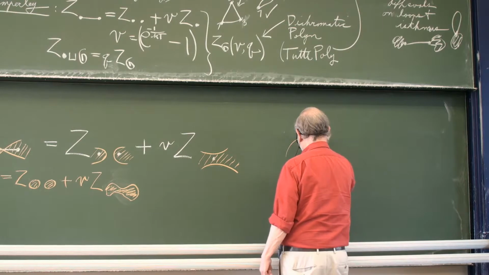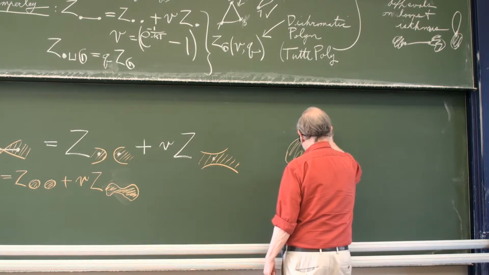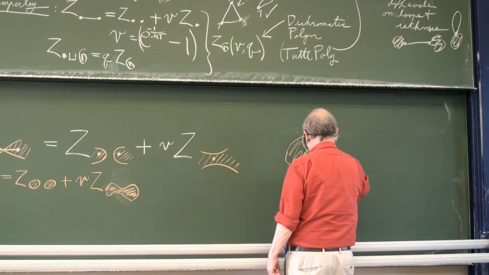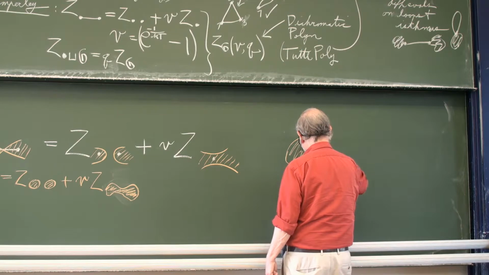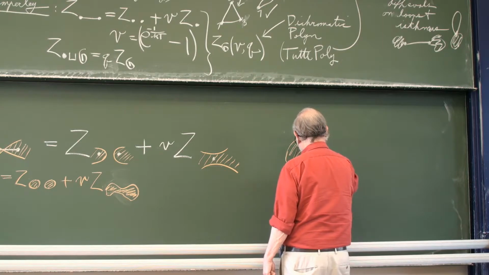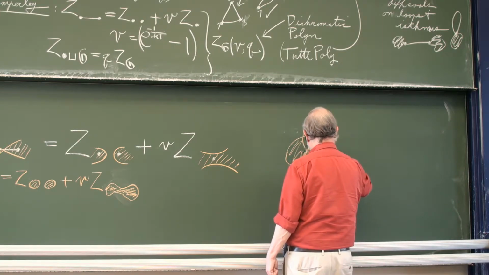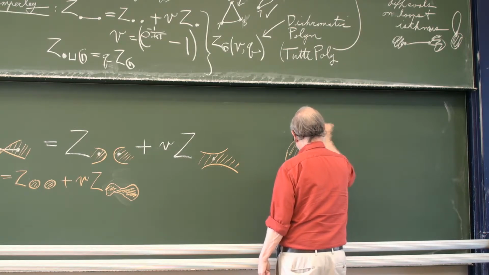Suppose I just take an arbitrary knot diagram and I checkerboard shade it, and then I decide to smooth it in some way. So I might have smoothed it here, and this one here, and this one here, and that one here, and this one here, just arbitrarily choosing some.